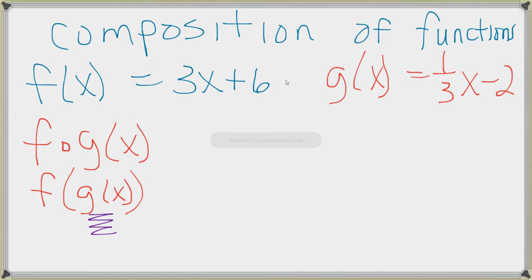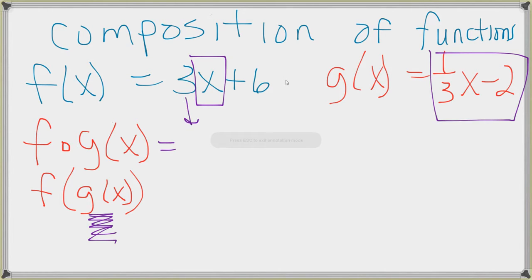So this is the same concept, only instead of just a number, you're going to replace that x with a whole function. So what's in parentheses? It says g of x. G of x in this case is 1/3 x minus 2. We're going to take that whole 1/3 x minus 2 and put it into the function f in place of that variable.